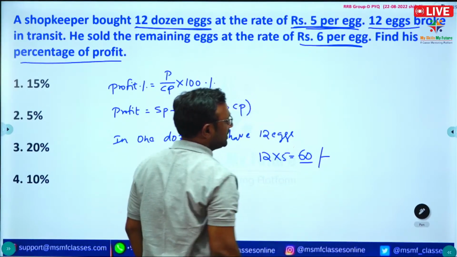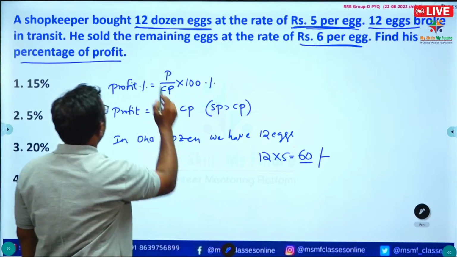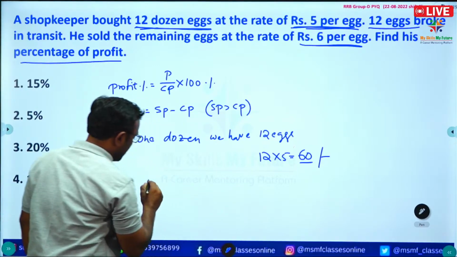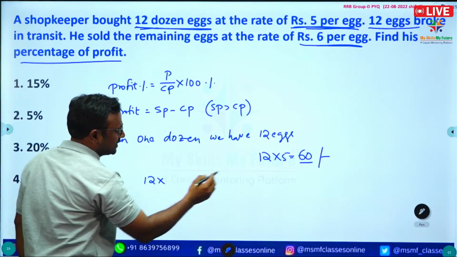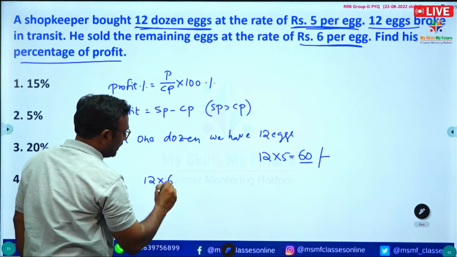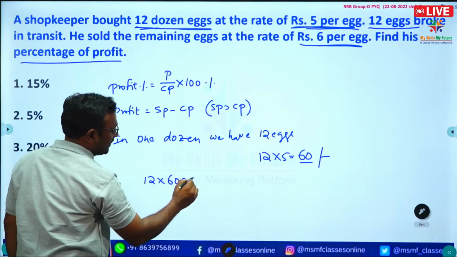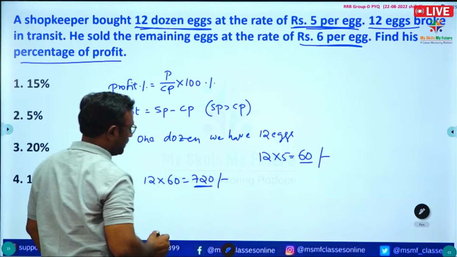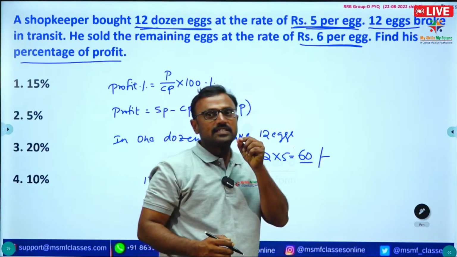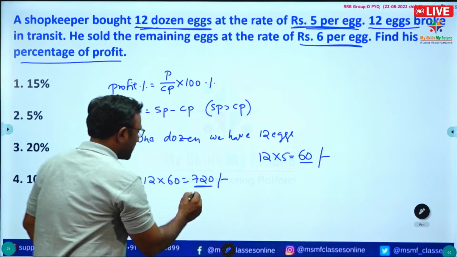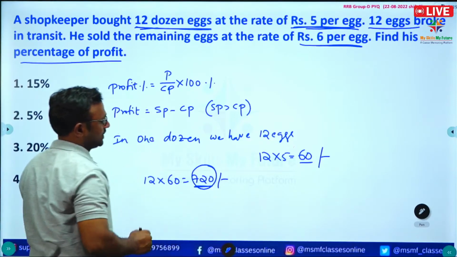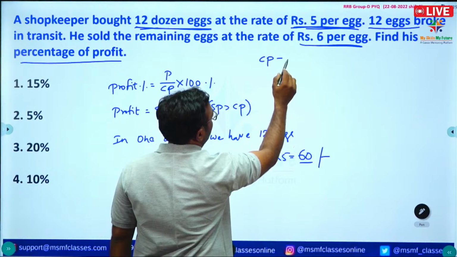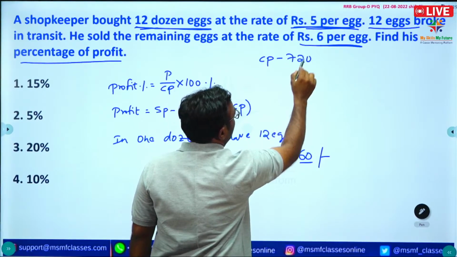He bought 12 dozen, so 12 into 60, 12 sixes are 72, so 12 dozen eggs cost 720. So 720 is the cost price.